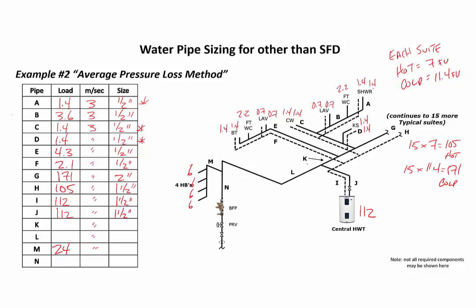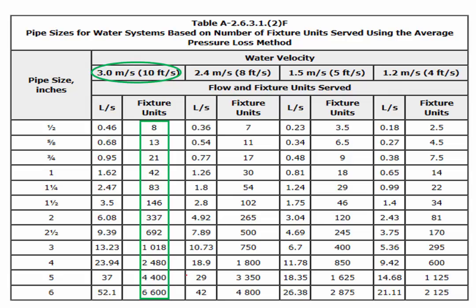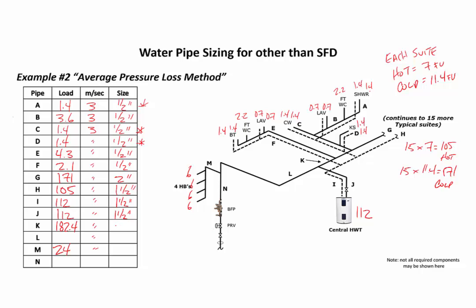Now K is all the cold for 16 suites, 182.4. So 182.4 for K. Looking at the table, that'd be 2 inch for K. L is immediately upstream of the tank, so we're going to take the load of the hot water tank, which is 112, and we're going to add in all the cold downstream of that point, which is 2 water closets per suite, 16 suites.